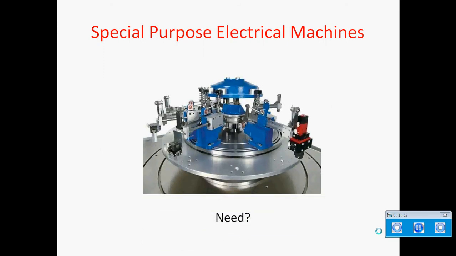What is the need or why study of special purpose machine is required? All electric machines have the same basic principle of operation, but special purpose machines have some features that distinguish them from conventional electric machines.